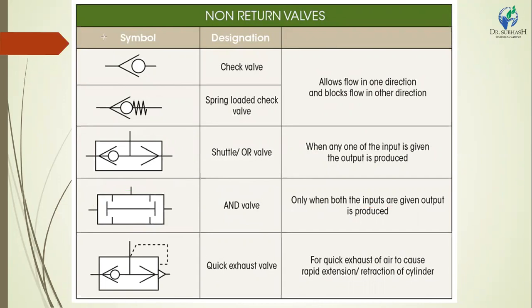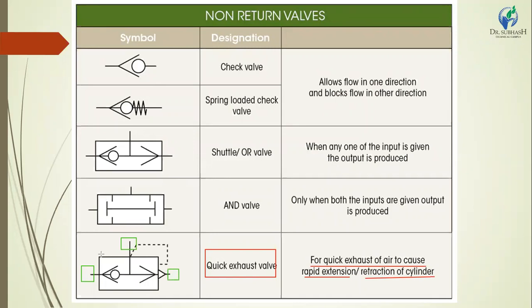The next is the quick exhaust valve. Quick exhaust of air causes rapid extension and retraction of the cylinder. This position we mention as 1, 2 and 3.